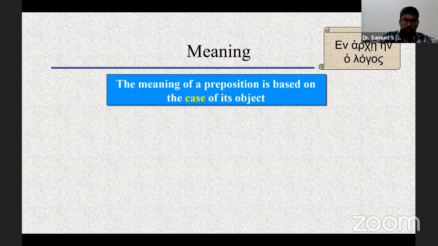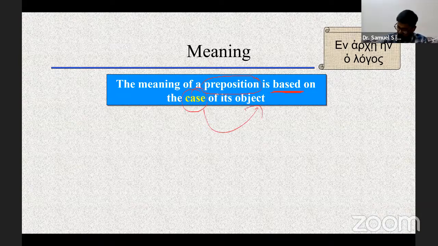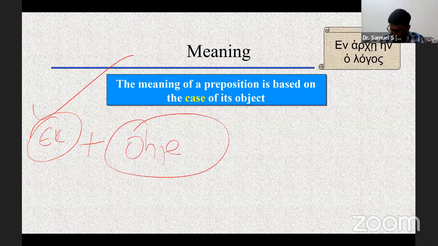Now, what's the meaning, right? And here's where it gets a little bit tricky. The meaning of the preposition changes or is based on what is the case of its object in the prepositional phrase. So in other words, just because you see the preposition ek, you can't just see the preposition and say, I know its meaning. You don't. You have to see what is the object, in what case is it.